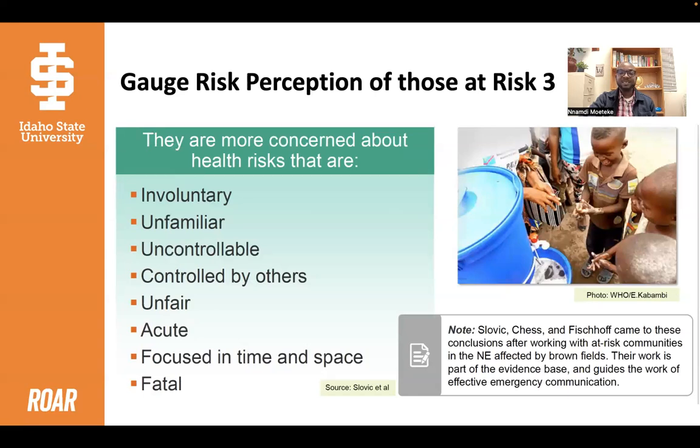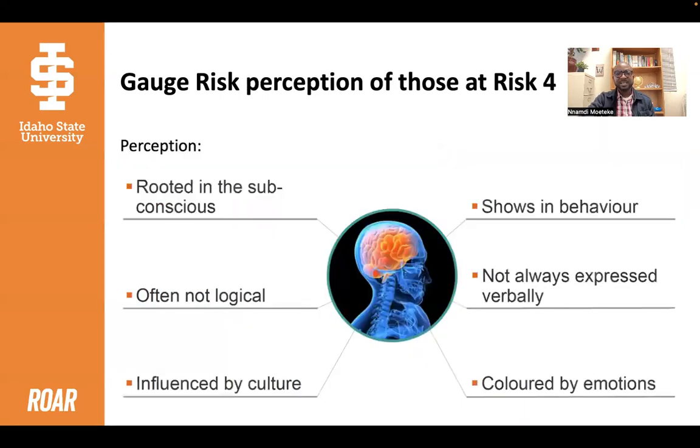And of course, when there are high fatalities, people become worried. So we have to bear all these factors in mind in being able to tailor our risk communication strategies to meet the needs of the situation.